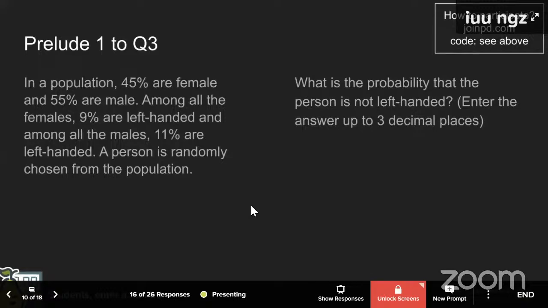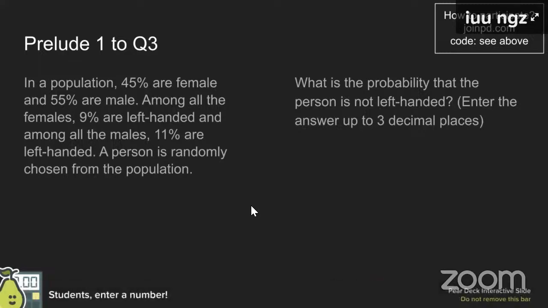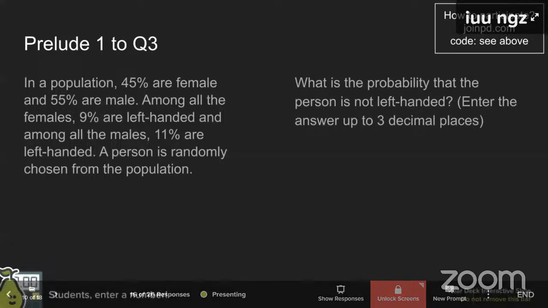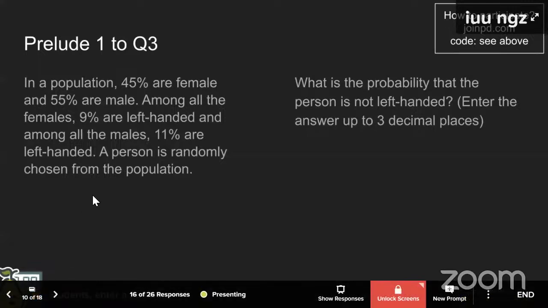Ma'am, we can consider that the total number of students is 100 and then proceed. Then we can take the number of students who are not left-handed and find the probability. All right. And what did you get as the answer? 0.899. Okay.